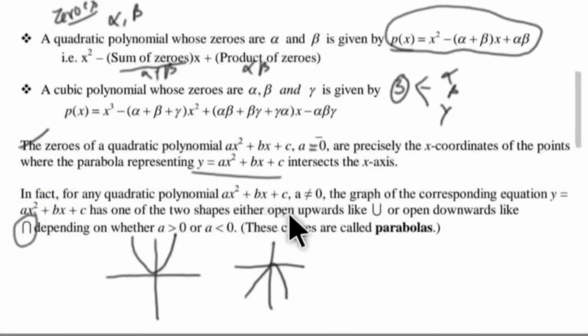Here it is written either open upwards or downwards, depending on the value of a. Also this can be like this or like this.